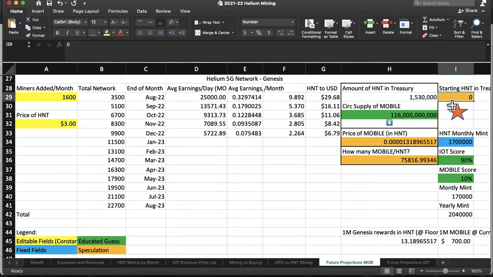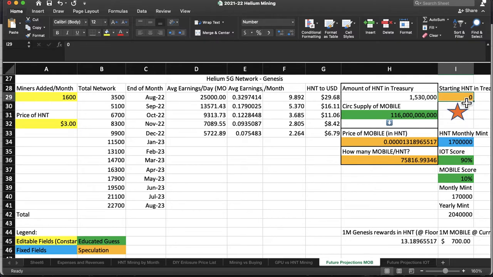Now, the other thing to factor in here is, does the treasury start with any HNT? Initially I thought maybe there might be some HNT that the foundation or someone is going to put in there to jumpstart the mobile treasury. But I don't think that's happening.